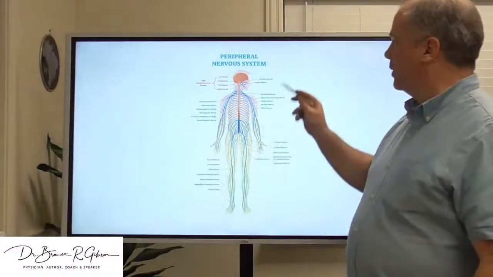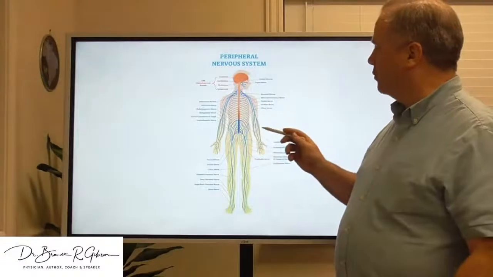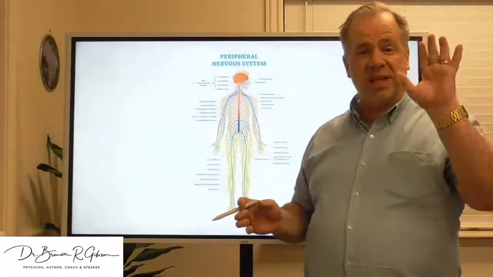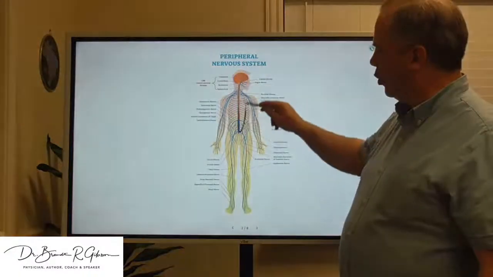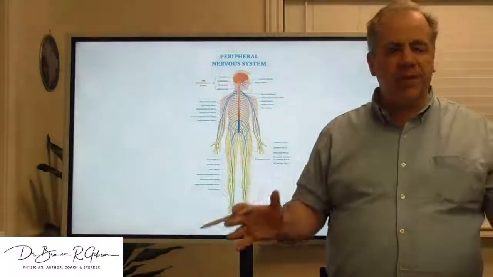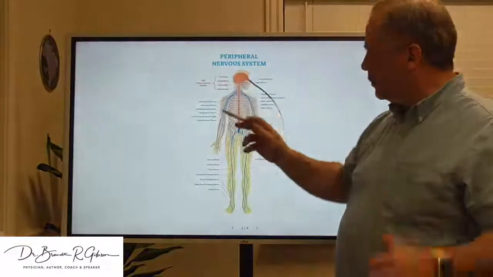So peripheral neuropathy is a malfunction of the peripheral nerves. To understand that, you need to understand what peripheral nerves are. First off, you've got the central nervous system. The central nervous system includes the brain and the spinal cord. So everything that's orange here is the central nervous system. Everything else is the peripheral nervous system.